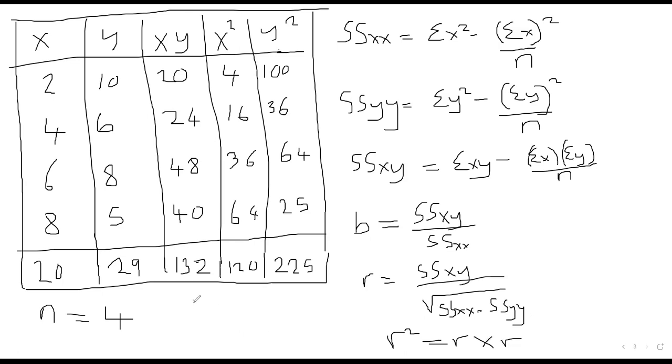And how do we find our a? Summation of y over n minus b times summation of x over n. So everything has been done for you now. Give me the answers. I'm going to give you 2 minutes. Start solving.